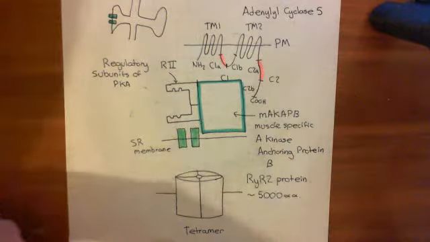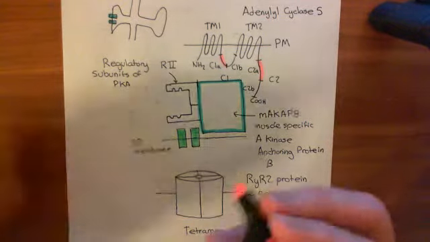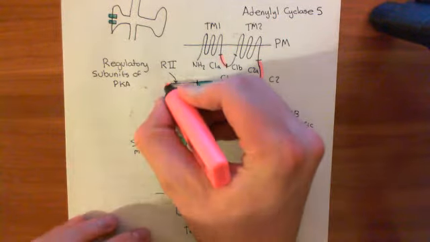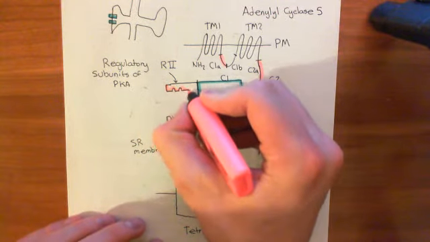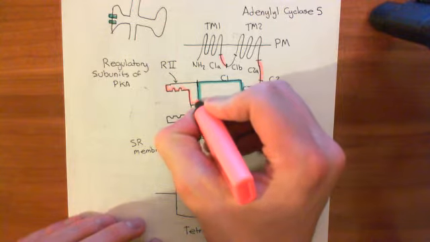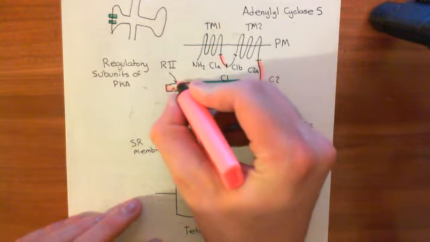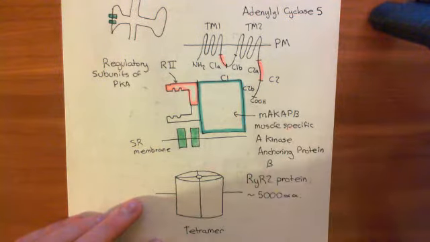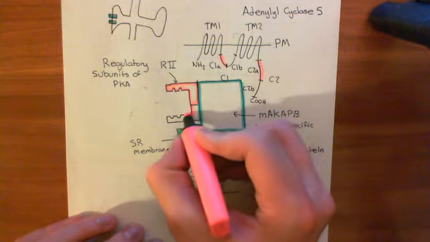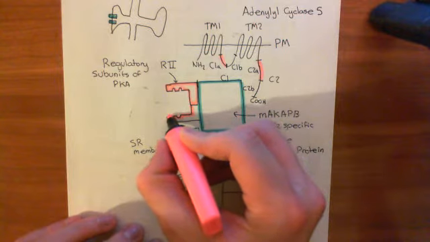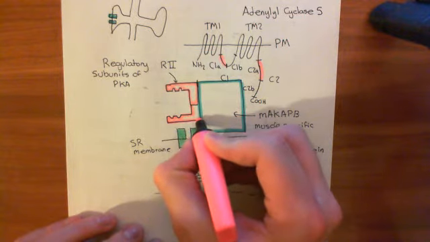Now you might ask, what is the difference between the type 1 and the type 2 regulatory subunits of protein kinase A? Well, basically, the type 2 regulatory subunits of protein kinase A bind to AKAP proteins, such as the muscle-specific AKAP beta, okay? Whereas the type 1 regulatory subunits do not bind to AKAP proteins.